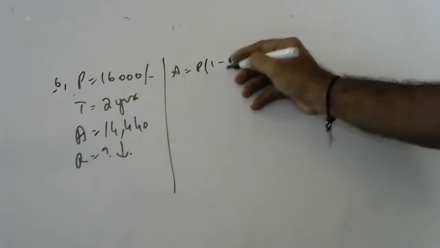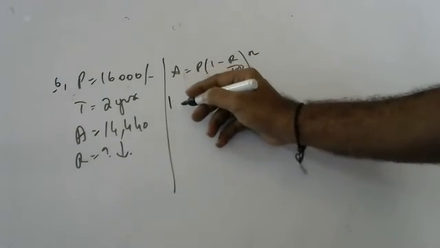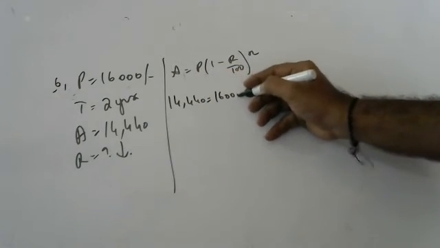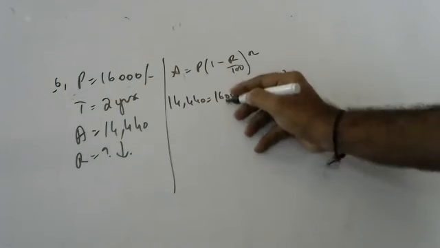14,440 is equal to P into 1 minus R by 100 to the power n. So 14,440 is equal to 16,000 into 1 minus R by 100 whole to the power 2.